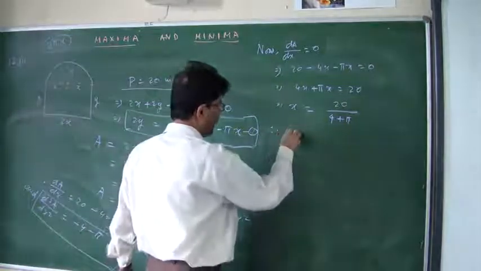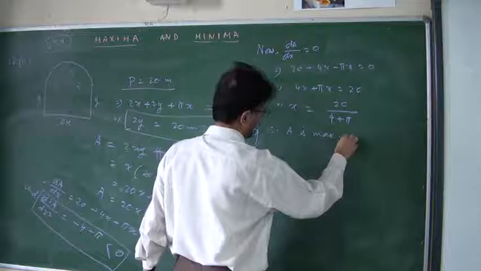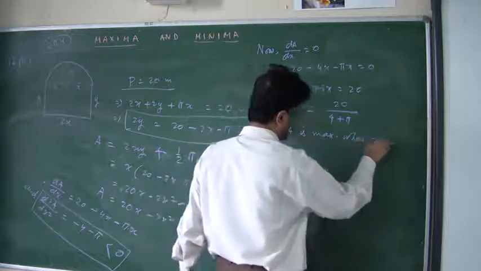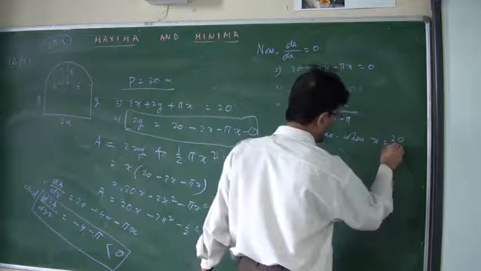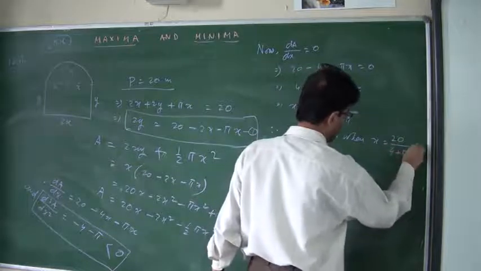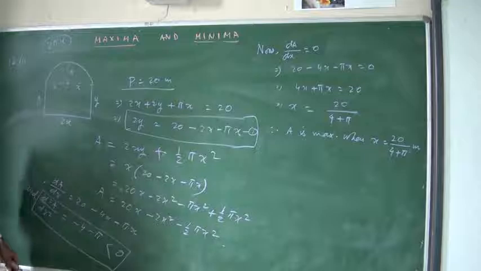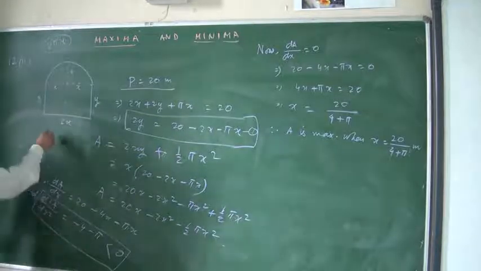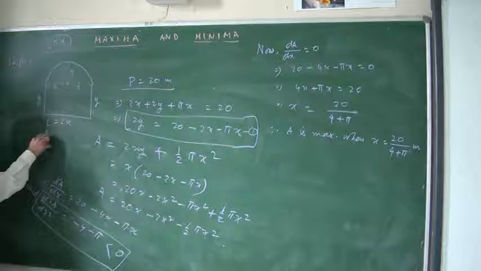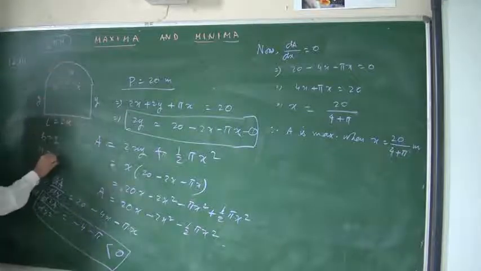Therefore A is maximum when x is equal to 20 over 4 plus pi meters. Your question is not x, your question is the dimension of the figure. Dimension is your length, breadth, and height, this is y and this is x plus y.